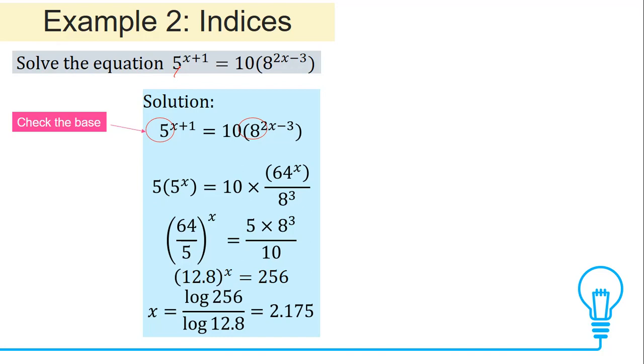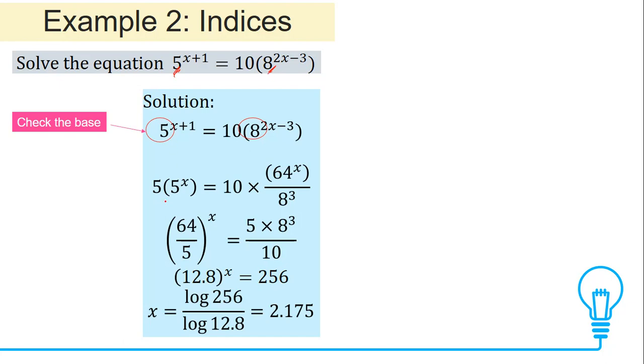Checking the base, this is 5, this is 8. 5 and 8 will never have any common factor, so we try to do it another way. We try to separate the rest of it.